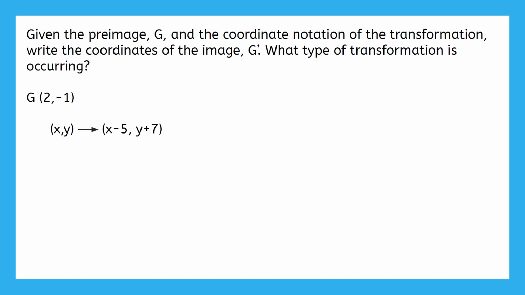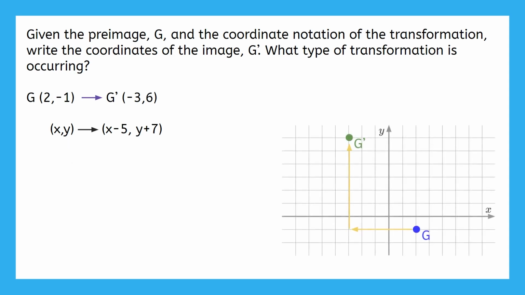Okay, our coordinate notation tells us that 5 must be subtracted from the x value. Since 2 minus 5 is negative 3, we write negative 3 as the x value of the image. Then we go back to our notation and see that 7 is added to the y value. Our original y value is negative 1, and when we add 7, we get a new y value of 6.